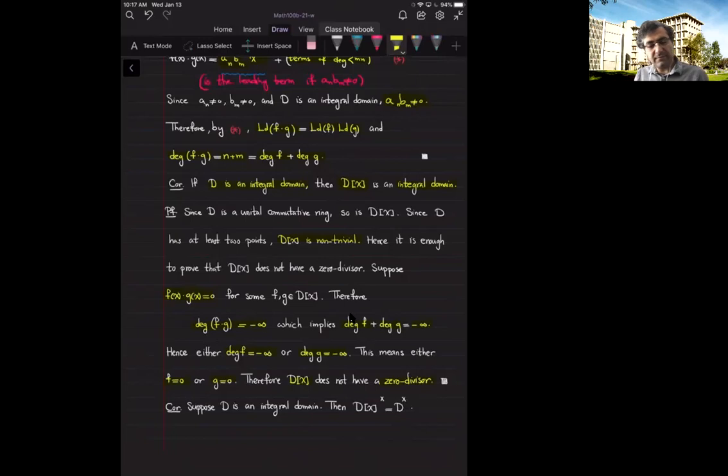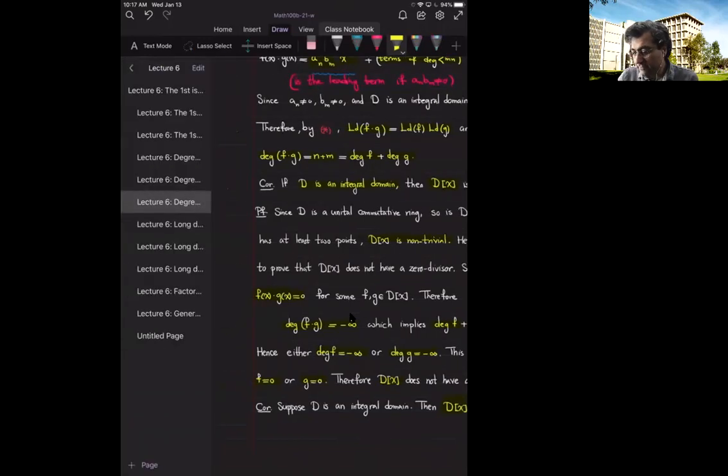So in the case of an integral domain, the units of the ring of polynomials with coefficients inside D would be precisely the units inside D. So constant polynomials that are units inside D. Not any constant polynomial, but rather units inside D. Okay, so let's see why this is the case.